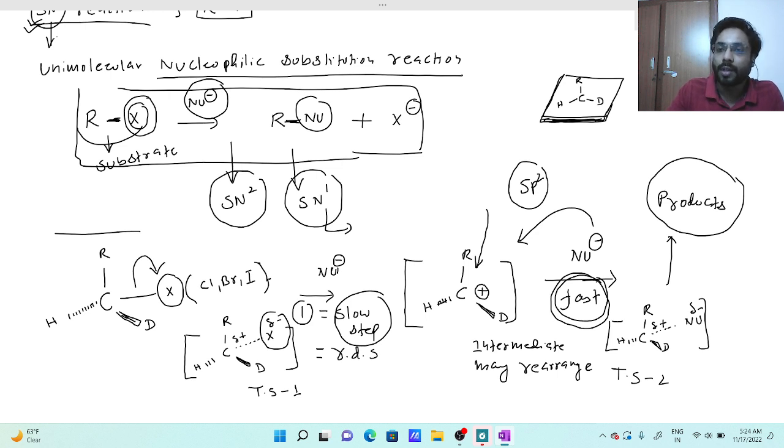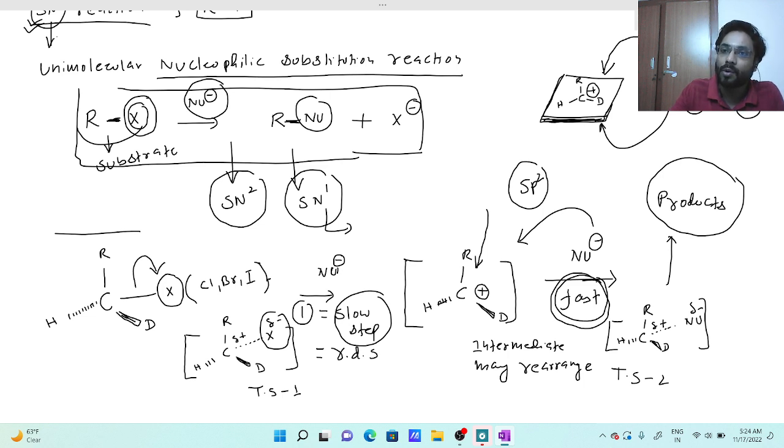Fine. So if this is planar, don't you think that the nucleophile can attack the carbocation from both sides, above the plane and below the plane? So we will be getting two products, first one and second one.